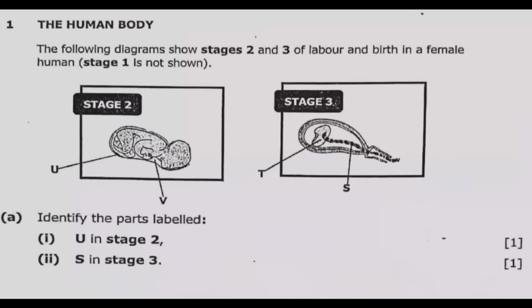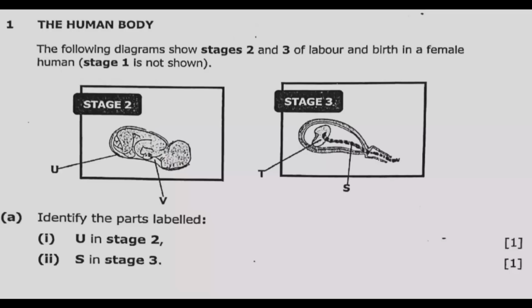Question 1 from section B was coming from the topic of the human body. The following diagrams show stage 2 and stage 3 of labor and birth in a female human. Stage 1 is not shown, so there is no stage 1 in this question. Question 1A is identify the part labeled U in stage 2.